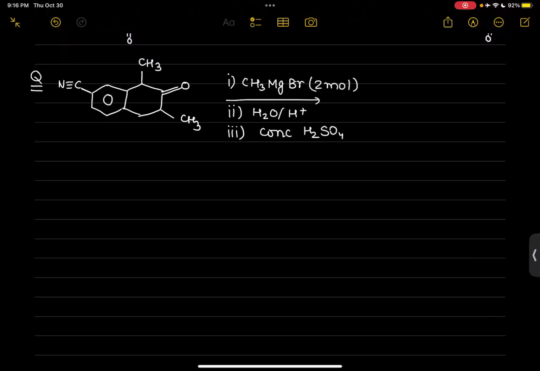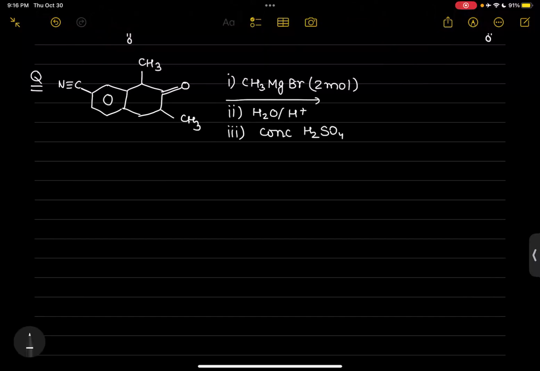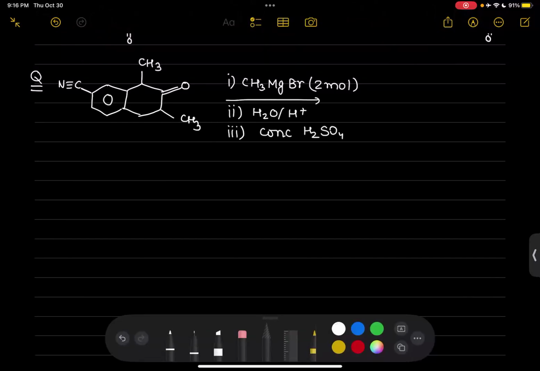So which product are we going to get? Okay, let me write the product quickly. A part of the parent molecule will still continue into the product, so I will just copy it.